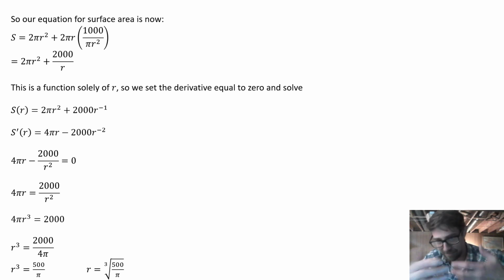So the radius of our optimal can in this context, where we have 1 liter of stuff in it, is the cube root of 500 over pi, which your calculator will tell you is about 5.42 centimeters.